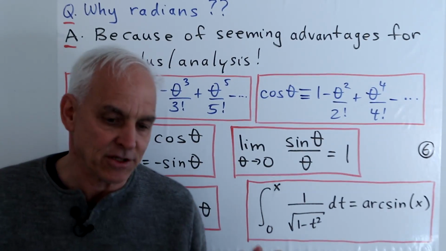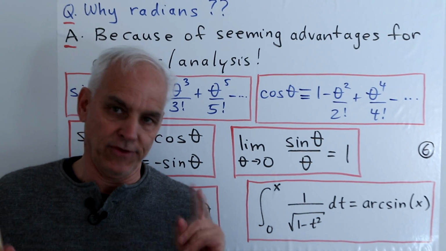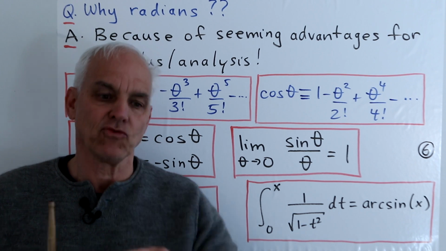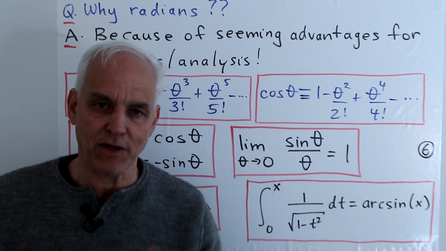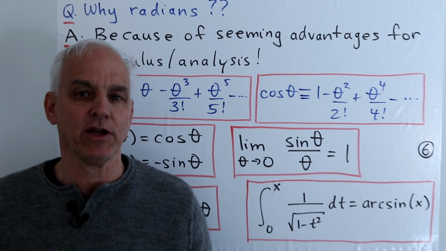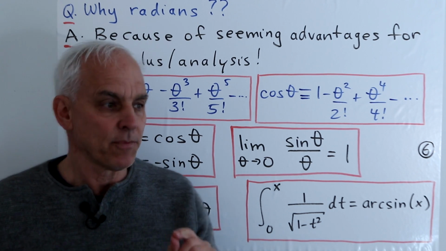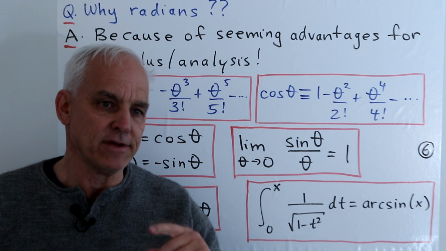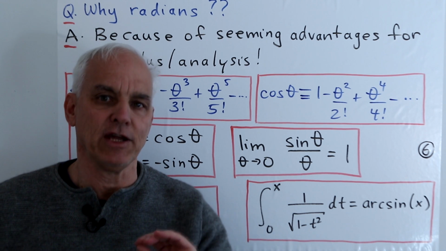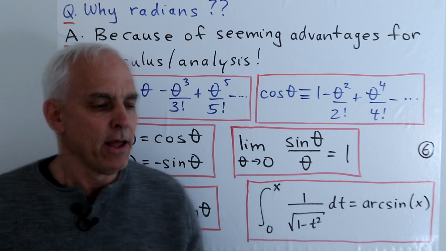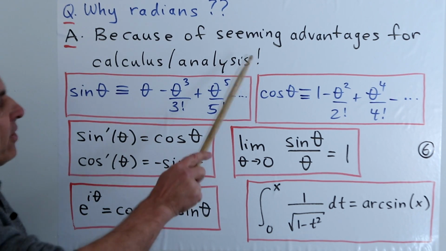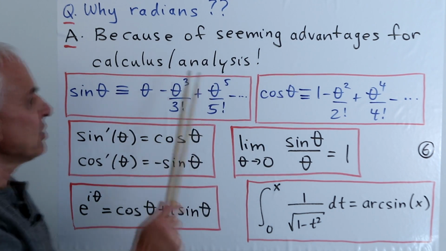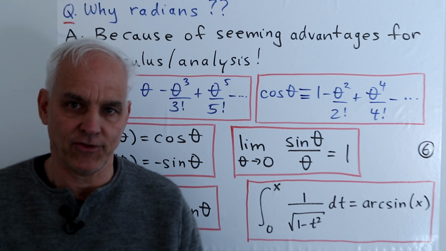Okay, so now we can ask the question, why are we actually using a radian system? What's wrong with the Babylonian system that's been around for thousands of years and has been very well studied? There is an answer, but the answer is largely invisible to high school students and only gradually perceived by undergraduates. The reason is that there are seeming advantages for calculus and analysis.